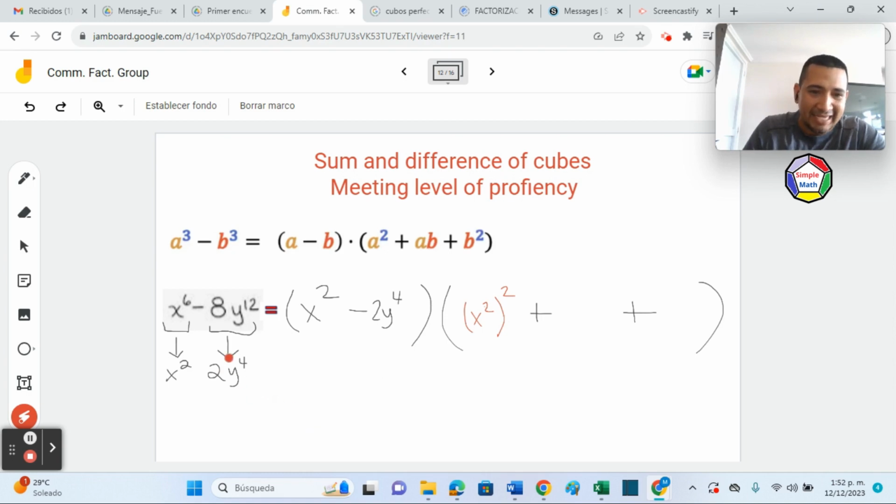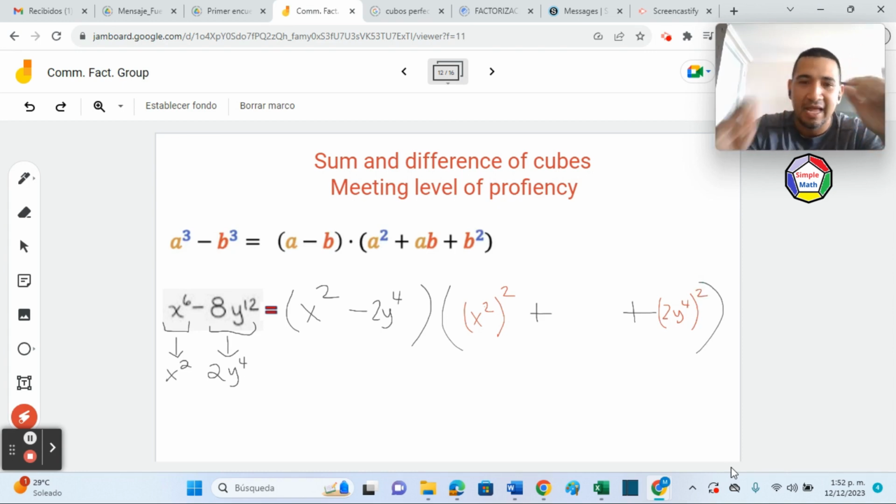Then I'm going to take the second term and write it here at the end, and I will do the same thing. I will raise it to the second power. So I'm going to write here 2y exponent 4, and I will raise that to the second power.